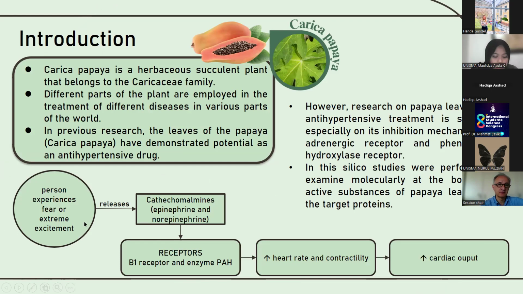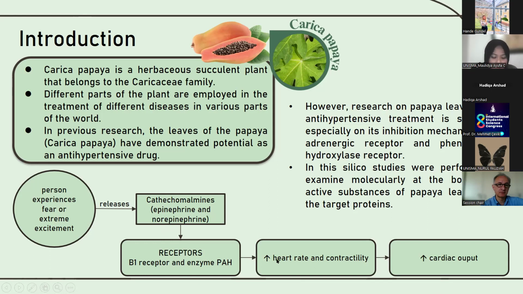When a person experiences fear or extreme excitement, they will release catecholamines, which contain epinephrine or norepinephrine, that will target one of many receptors, including the beta-1 receptor and the enzyme PAH.